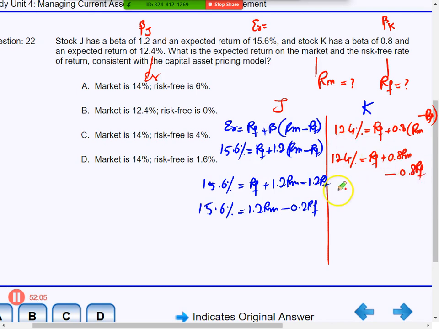Now we have two equations. Let us simplify this one first. 12.4% equals RF minus 0.8 RF, which gives you 0.2 RF positive, and 0.8 RM. Now we have two equations and we have to solve them simultaneously.